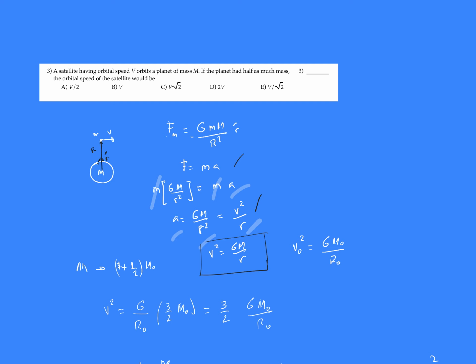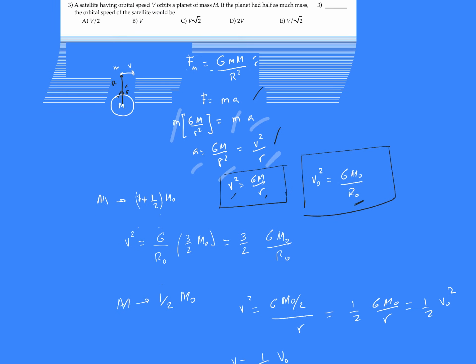If the radius is very big, v squared is very small. For the radius r0, the velocity v0 is this expression, GM0 divided by r0.